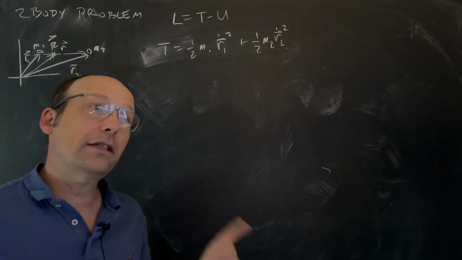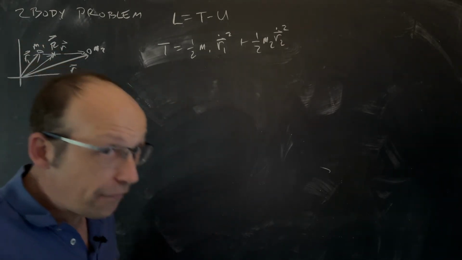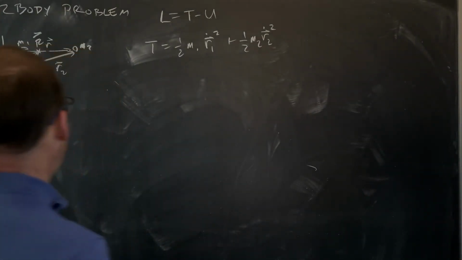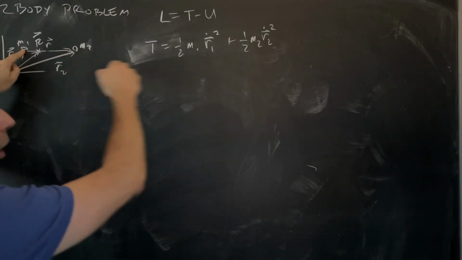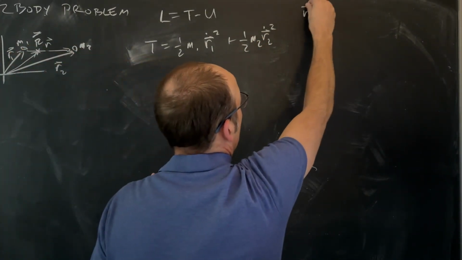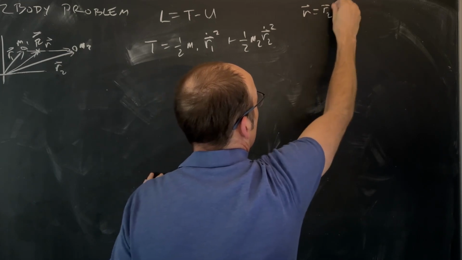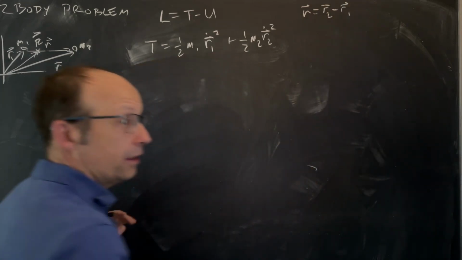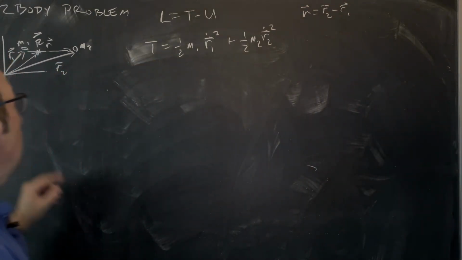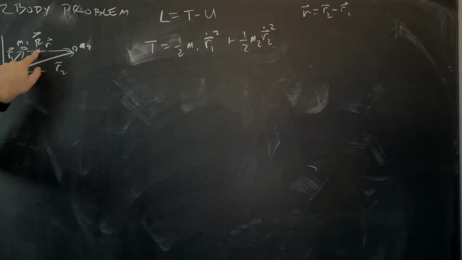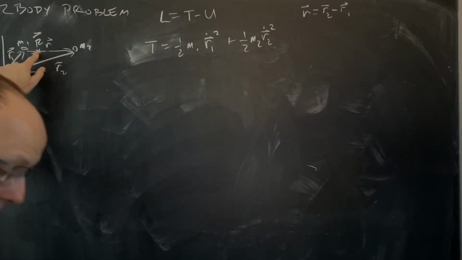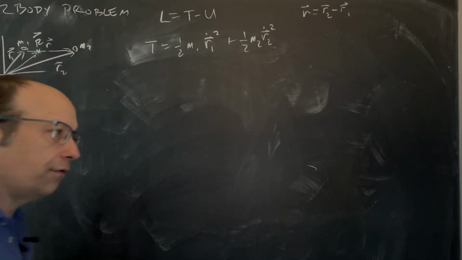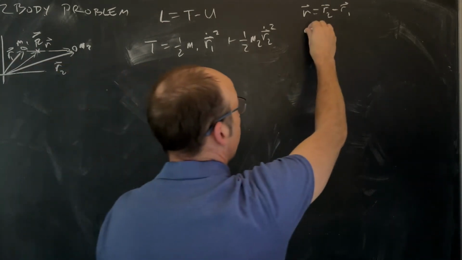Now, I want to switch this over to 2 different variables. I want to describe this by the vector r, and remember r is r2 minus r1. That's the relative position from one object to the other. And then I want to use the vector capital R, which is the center of mass. I'm going to assume that you've seen center of mass before, but I can write this.